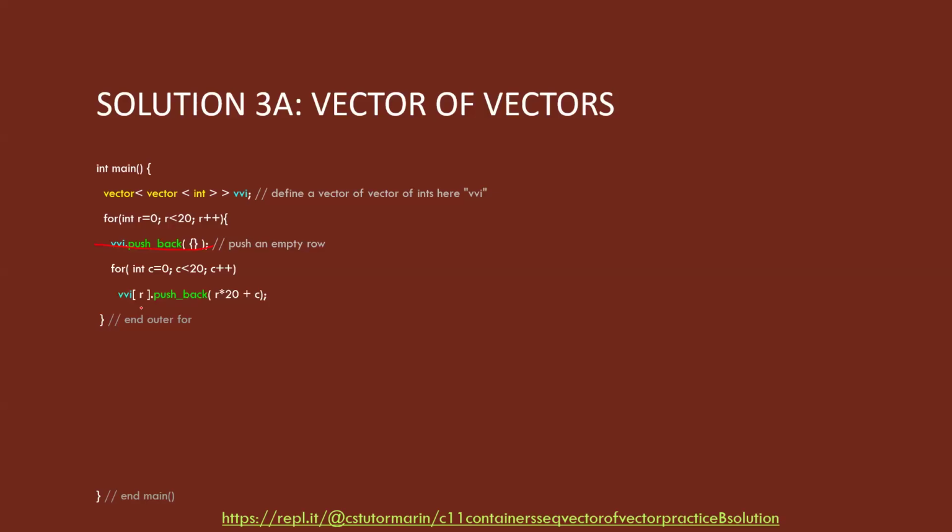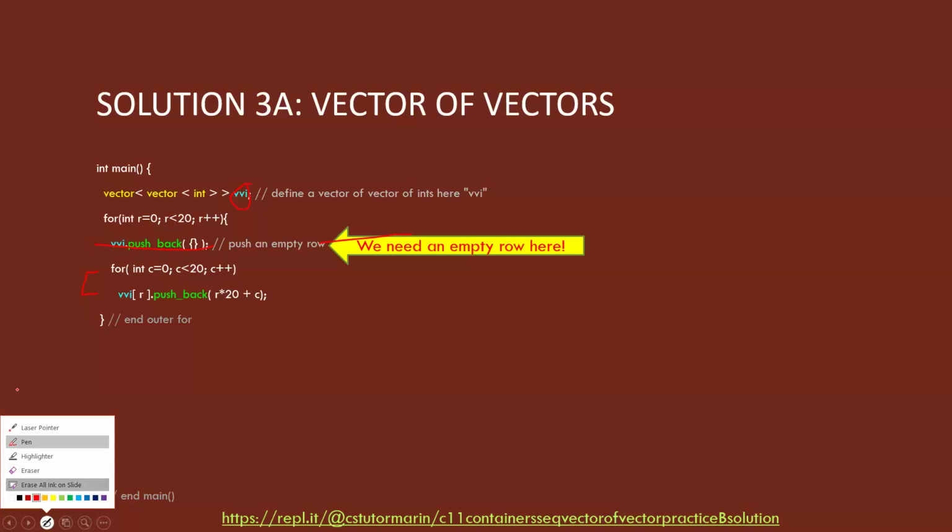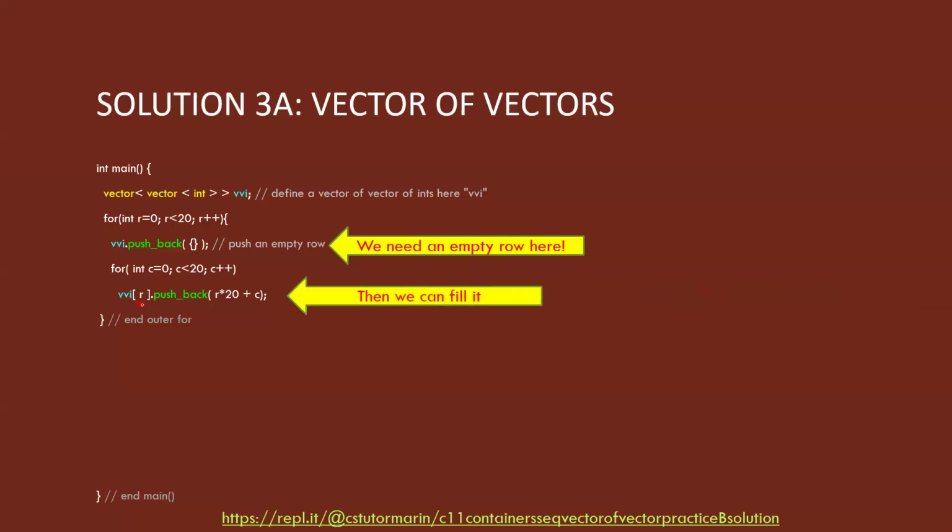And I'll be like, well, you don't have a row R. There is no row. This thing has no rows, right? So we've got to put a row in before we go across that particular row and fill it up, okay? So that creates the row R, and then we can put something into row R, okay? But that part has to come first, okay? If we don't do that, we just crash.